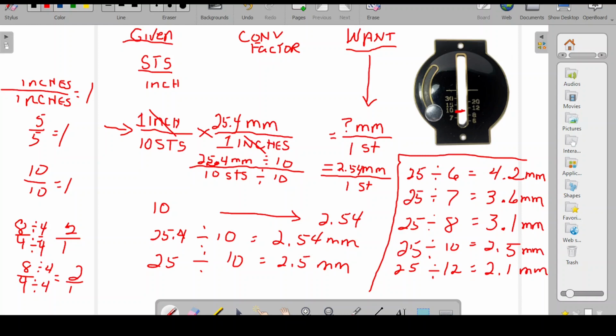And you can keep going up and up and up. 25 divided by 15. Well, we know it's going to be a number smaller than 2.5, because 15 times 2 is 30. So we went over the 25. So 25 divided by 15 is 1.66666. So I'll just say 1.7.